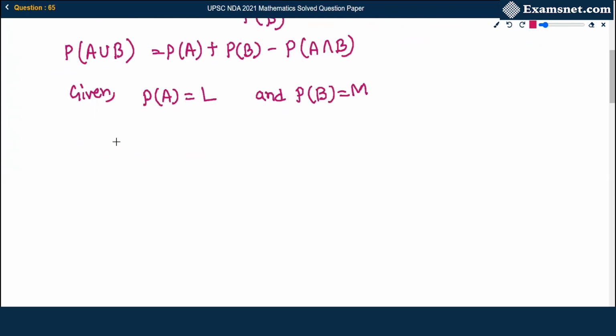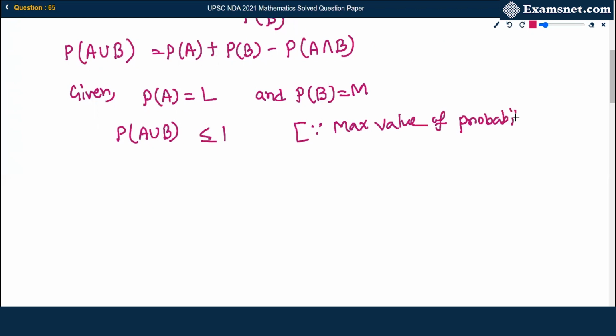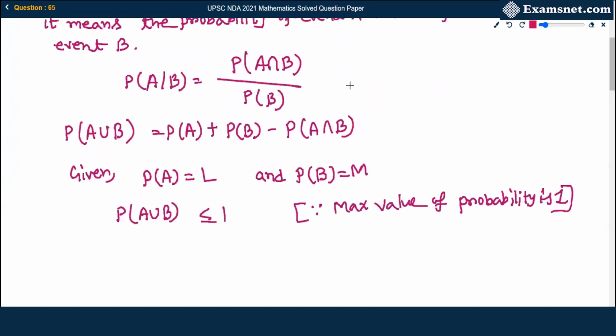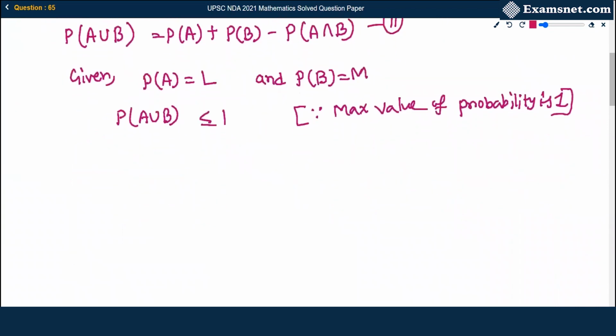And we know that the maximum value of a probability is 1. So we can say P(A union B) is less than or equal to 1, since the max value of probability is 1, right? So here now let's name these 1 and 2.